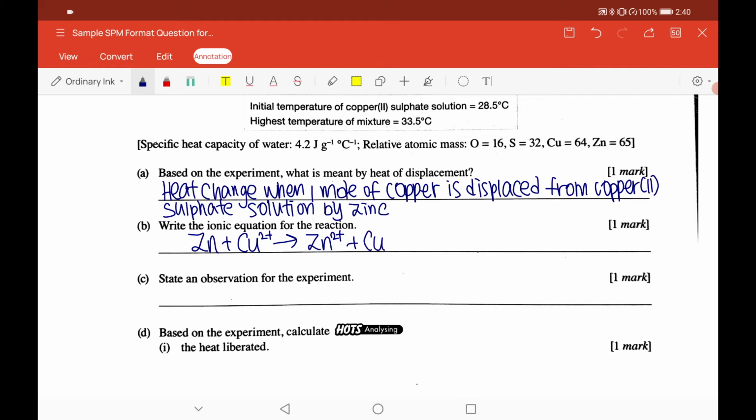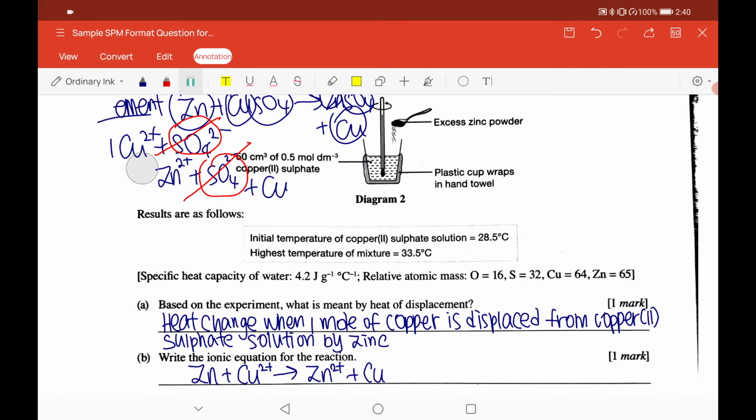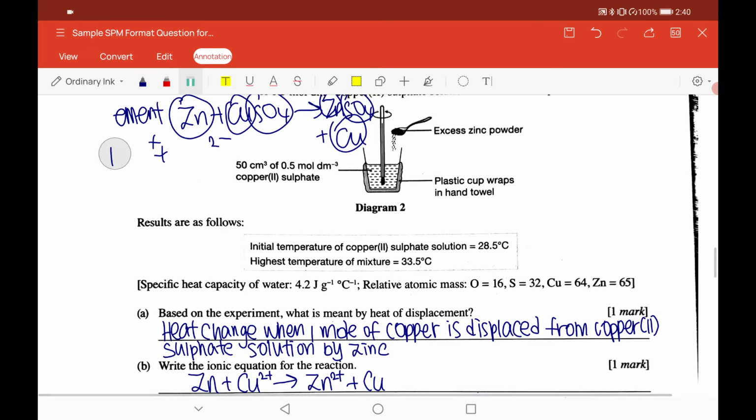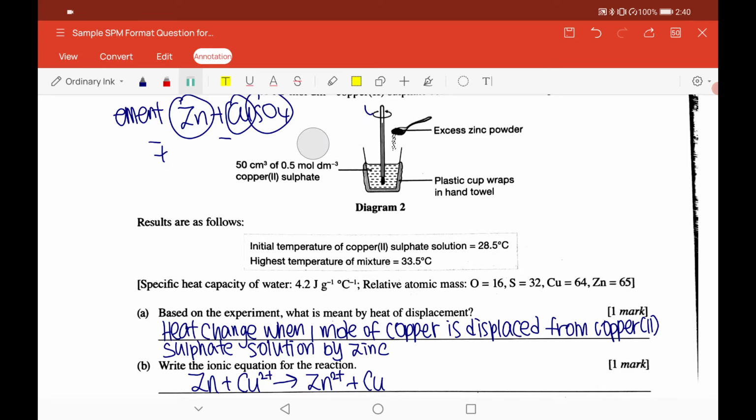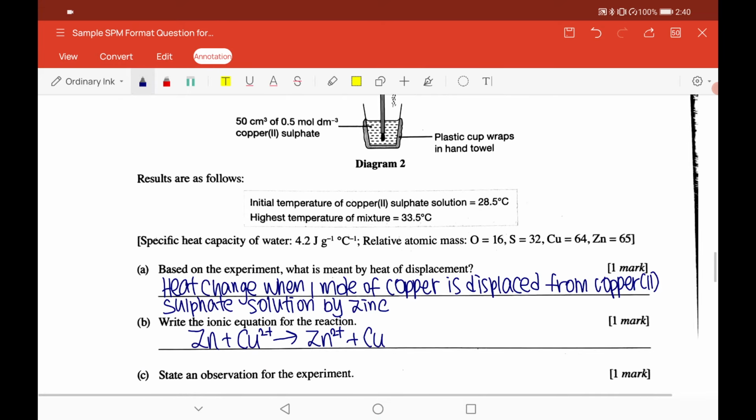If you really forgot already, please revise back your Form 5 Chapter 1, the redox, because this is a very important skill. Everyone must know how to convert the chemical equation to become an ionic equation.